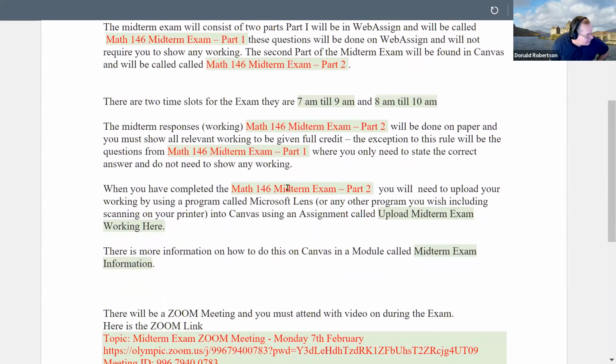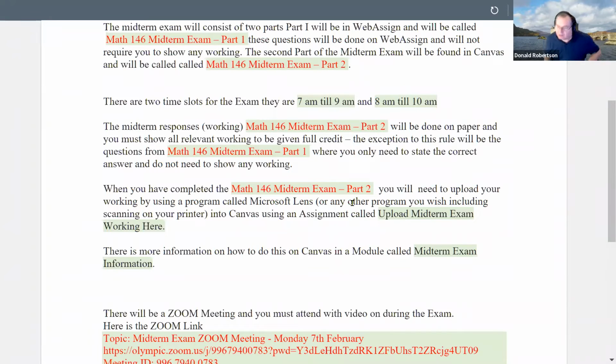So when you've completed part 2, I need to see your working, which means you're going to have to upload it. And I've got a program called Microsoft Lens, which I'll talk about in a little while, which basically you take pictures, convert them to PDFs, and you upload it. But you can use any program, including scanning it in your printer, right?